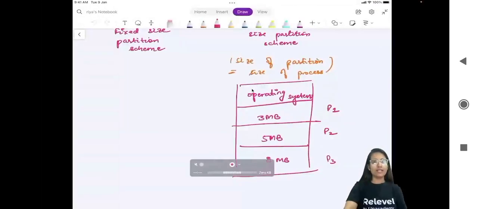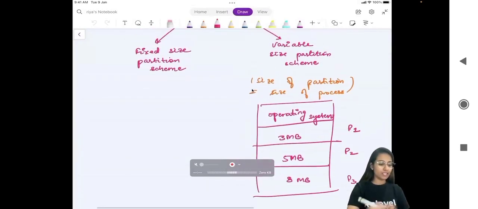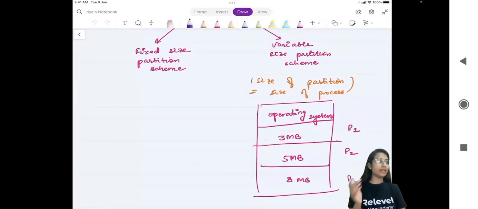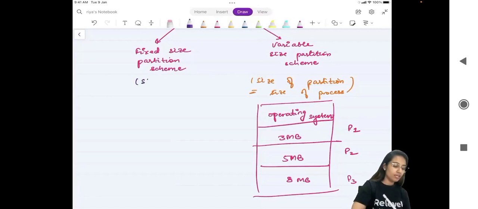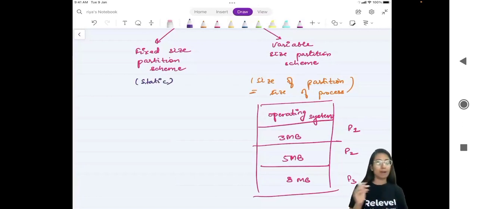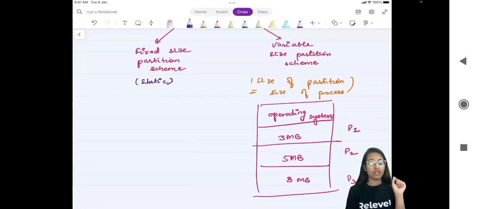To understand the fixed size partitioning scheme, understand it this way. First of all, it is also known as static partitioning. In variable partitioning, the size taken by each process depends on the size of the process itself, whereas in fixed size partitioning, the system divides the memory automatically into fixed size partitions.